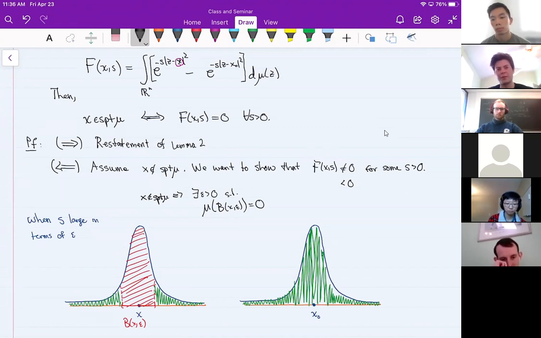That's what's happening with the left-hand integral. The right-hand integral is a bump centered around this point x0, which is in the support, so all of the bump is always contributing to the integral. I'm taking all of the measure all the time.